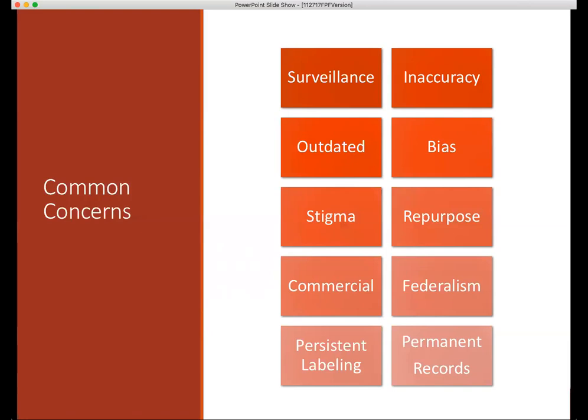There's surveillance, there's the inaccuracy of certain data, there's data that is outdated, there's possibly data that is biased, and this is partly coming from research that has shown that data analytics do not necessarily create neutral results, because they're often based upon history and patterns that are due to structural and economic inequalities.